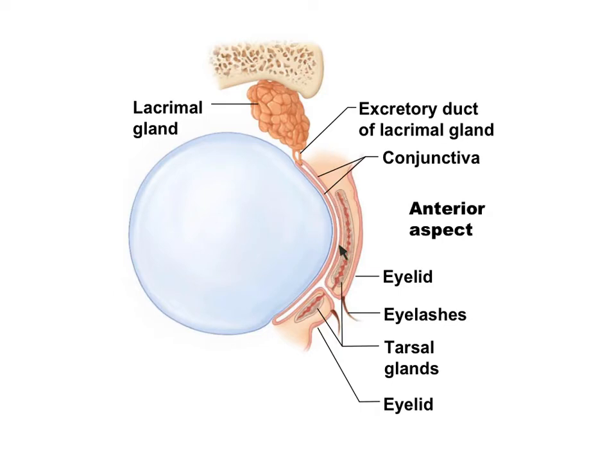And you see this little thing in here, that is the conjunctiva, which helps protect. It's a membrane that lines the eyelids and connects to the outer surface of the eye itself, and it secretes mucus to lubricate and keep the eye moist. Conjunctivitis is a bacterial infection of this membrane, also known as pink eye.